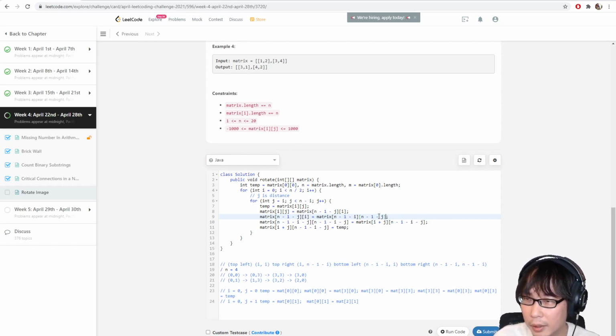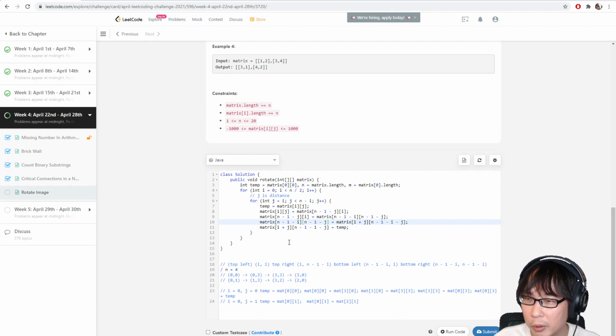And this one is to move from bottom right to top right, so that one will be always in the same column.